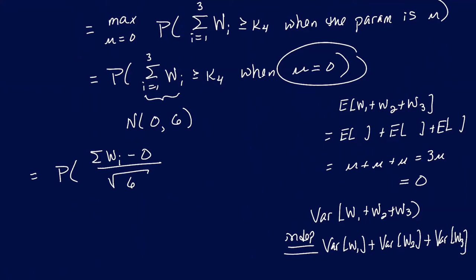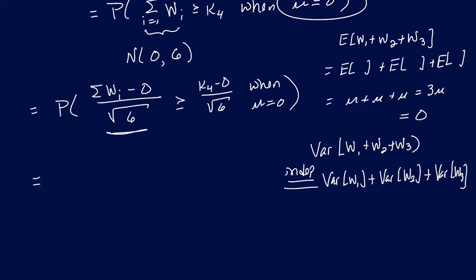Now, the way I'm doing it, I never made a W bar, so there's no 1 over the square root of n part in there. And on the right side, greater than or equal to k4 minus 0 over the square root of 6, when mu equals 0. Now, this random variable is a standard normal, so we'll call it z.